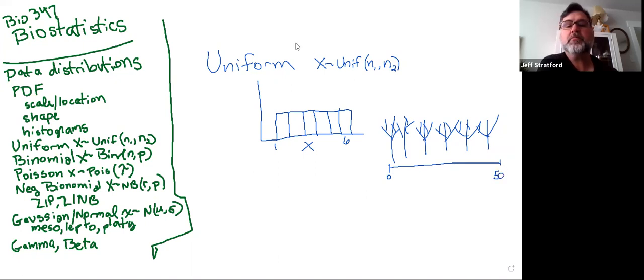And I put up 20 random caterpillars. In the R code, all you have to do is write runif, then 20, because I want 20, between 0 and 50. There was a little bit more to it, because it gives you continuous numbers with way too many digits, so we would round it to the nearest centimeter.